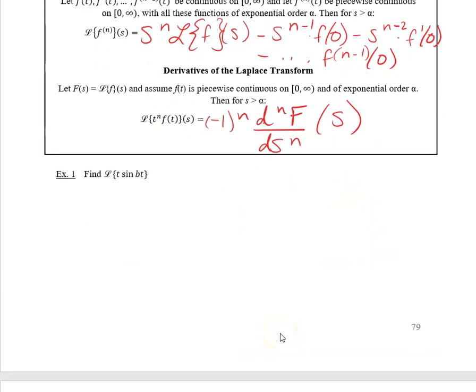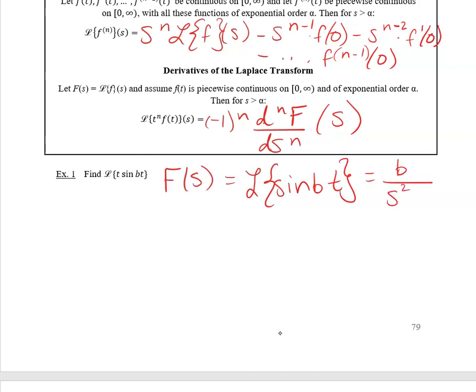Let's start with that. We know that the Laplace transform of sine of bt is equal to b over s squared plus b squared. So what this essentially is, is an application of this last property right here where n equals 1, because they want t times that sine of bt function.